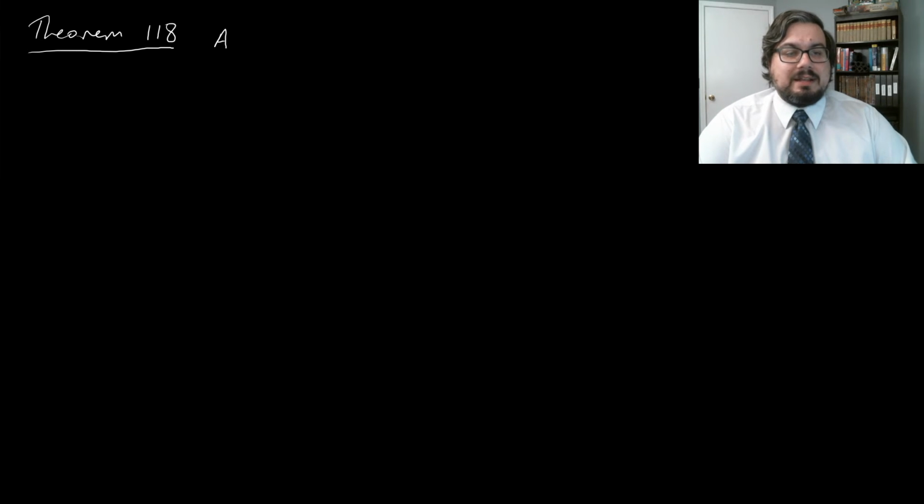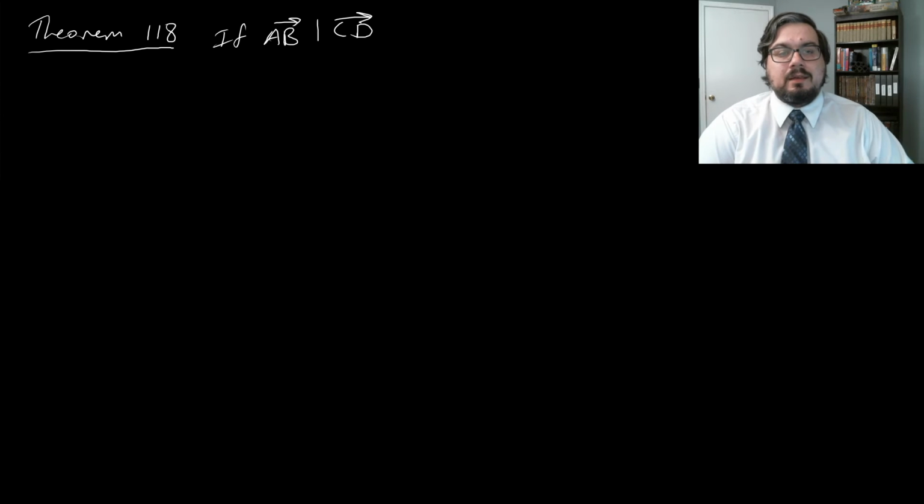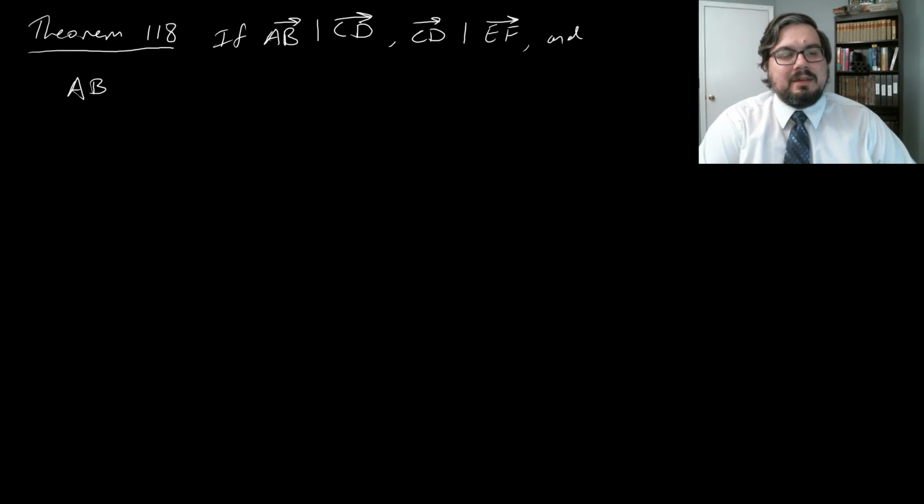So Theorem 118 says that if the ray AB is critically parallel to the ray CD, the ray CD is critically parallel to the ray EF, and the ray AB is not equivalent to the ray EF, then AB is critically parallel to EF.